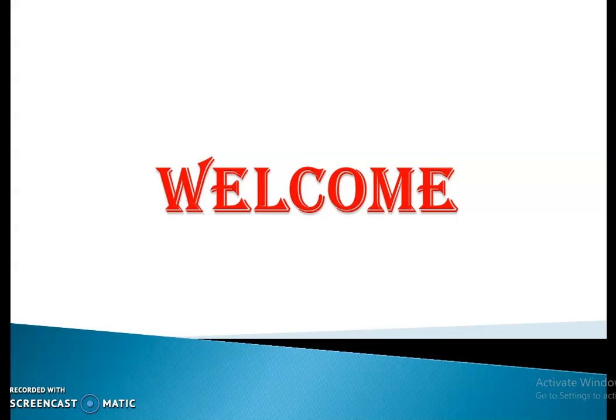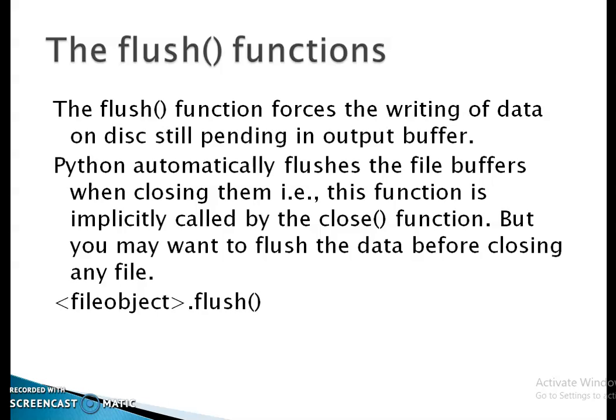So the first one is flush function. See, when you write onto a file using any of the write functions, Python holds everything you are going to write into the file buffer and pushes it onto the actual file on the storage device later.